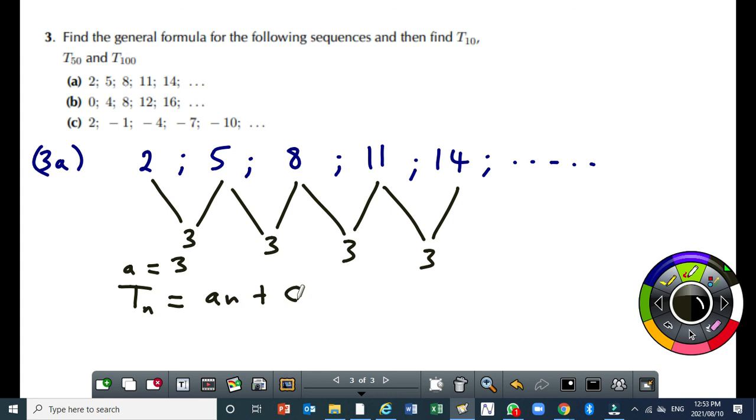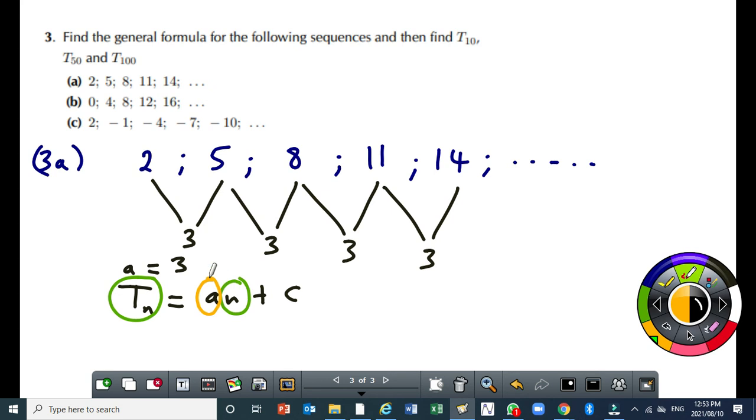Alright, then you have to choose a term in the sequence and determine its corresponding position. Then substitute the value of A, which is a 3, because we have to calculate C. So you have to calculate C first before you get the general term. So in this case, I'm going to choose the third term.